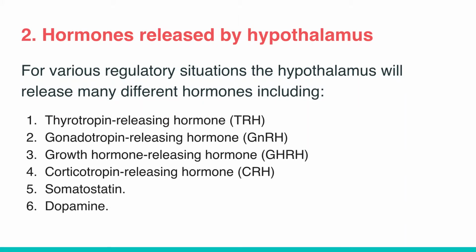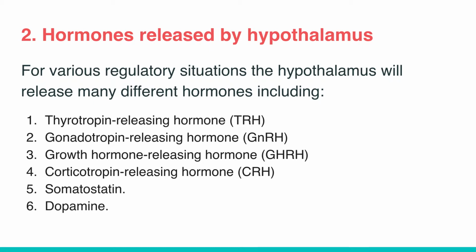Next, we're going to talk about the hormonal side of the hypothalamus. Here are some of the hormones released by the hypothalamus for various regulatory situations. Now these don't all get released at once; it's just what your body needs at what time. So there's thyrotropin releasing hormone, or TRH, gonadotropin releasing hormone, GnRH, growth hormone releasing hormone, GHRH, corticotropin releasing hormone, CRH, somatostatin, and dopamine.